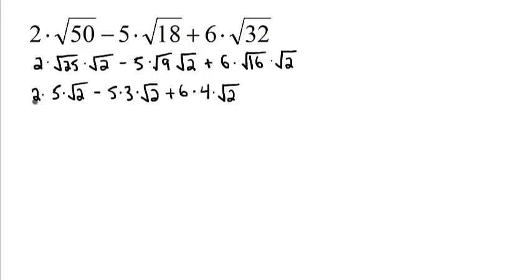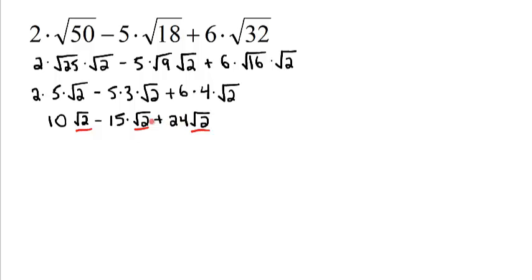Continue to simplify. So we've got 2 times 5 is 10 times the square root of 2 minus 5 times 3 is 15, so that's times the square root of 2, plus 6 times 4 is 24 times the square root of 2. So now how many square root of 2's do we have? Because this, and this are all the same.